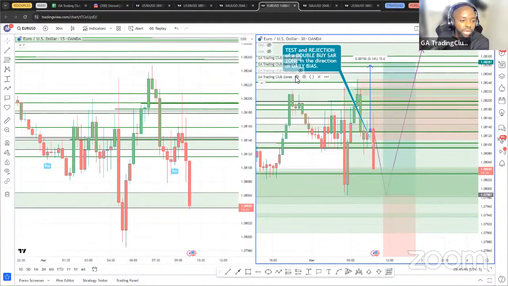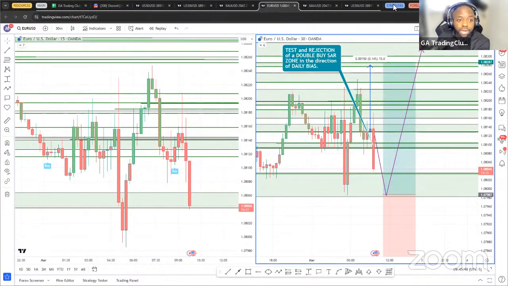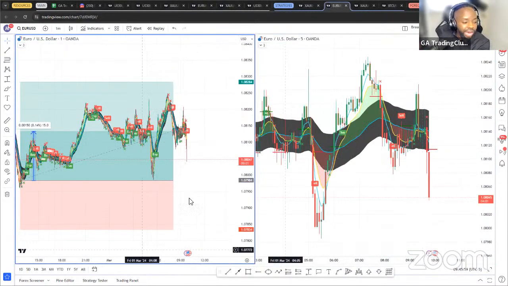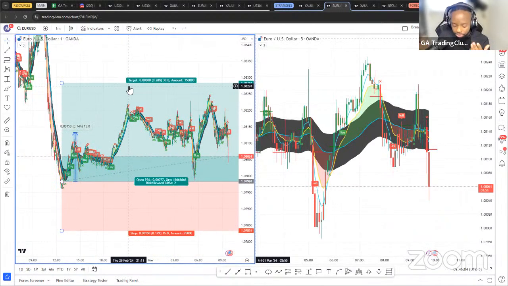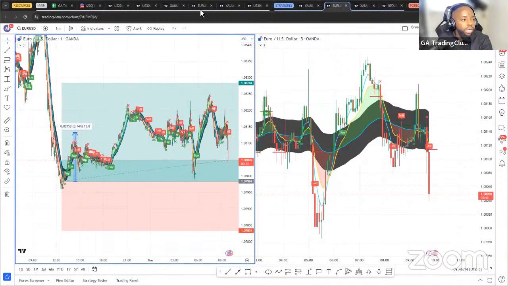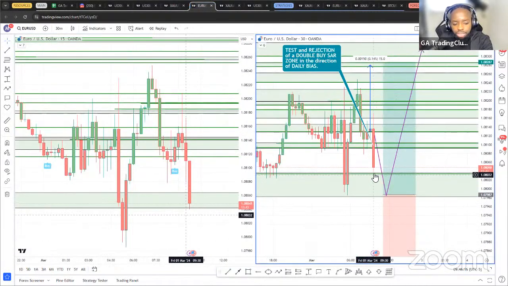noon. So here what I will do, so I don't take it on impulse, I want to go and see this one. This is the same trade I've been following yesterday. The only way I would take an SAR trade on the closure of a candle is if, let's assume here, just as an example, I know that's not what's lining up, but let's assume we had a test and rejection here and the candle closed immediately here.